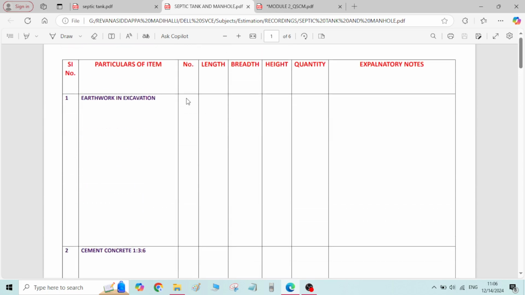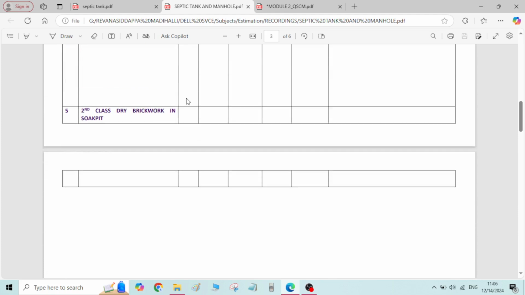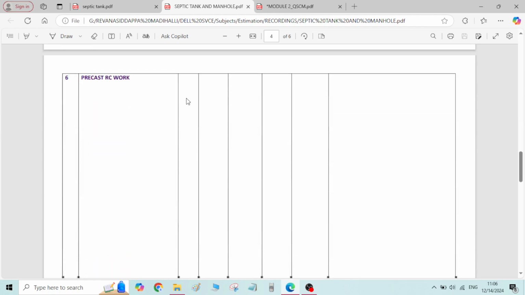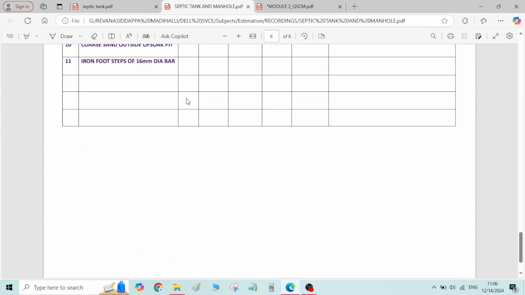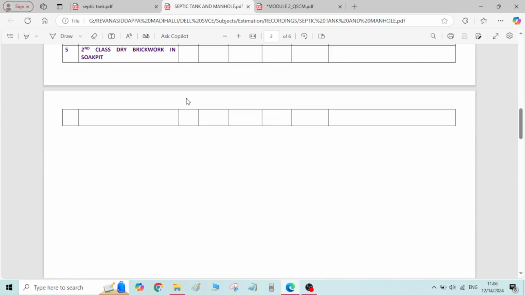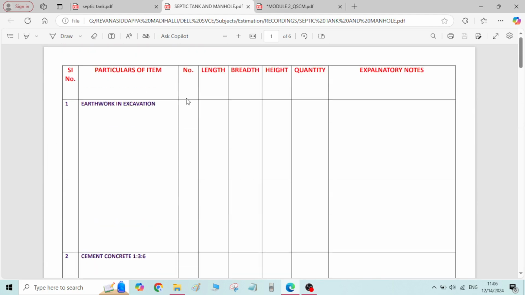Particular items of work to be estimated will be given in the question paper, and you need to do the estimation for the given items of work. Generally all 11 items will not be given in the examination. Most of the times 5 to 6, maximum 6 different items of work will be asked for the estimation.